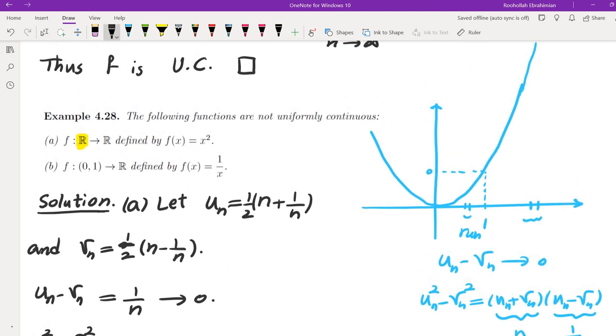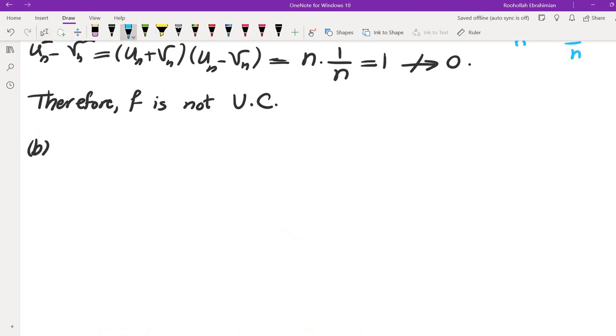Okay, the second example is a function from the open interval 0, 1. So if you look at this one, the interval is in fact a bounded interval, unlike the first part, unlike part A. However, there is an issue at 0. The 1 over x blows up at 0. So if you look at the graph of the function, you can see what I mean by that. The graph of the function looks like this.